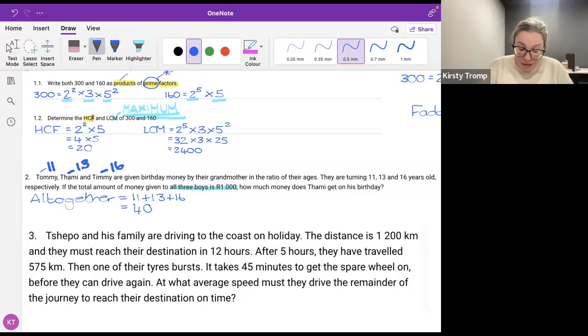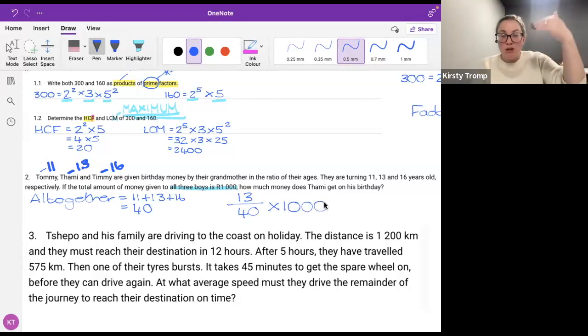They ask us, how much money will Tommy get on his birthday? Well, Tommy is 13 out of 40 altogether, and the total money is 1,000 Rand.